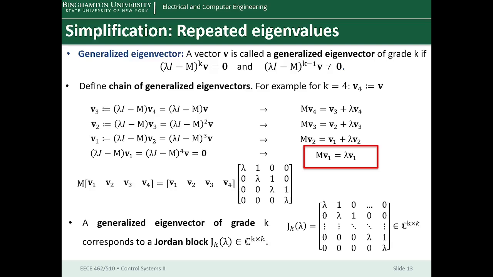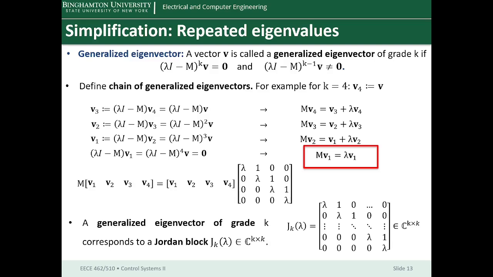Each of these eigenvectors can then be extended or generalized into a chain of higher grade generalized eigenvectors. We have gᵢ true eigenvectors, so we can generate gᵢ chains of generalized eigenvectors. For each true eigenvector, we can build a sequence of vectors connected by the operator (λI − M). Each step in the chain represents applying the operator one more time, and at the end of the chain, the operator finally sends the last vector to 0.